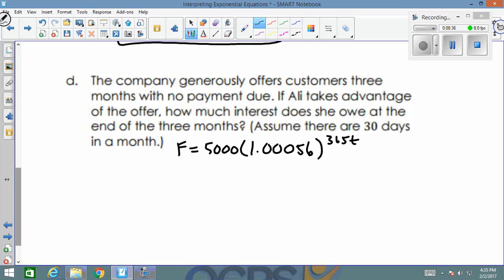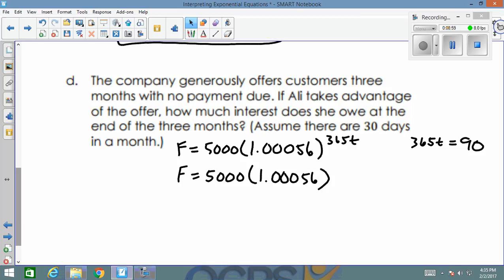Okay. The company offers 3 months with no payments due. Okay, so we need to figure out how much interest is owed after 3 months. We know it's 30 days a month, for 3 months, so 365t is going to become 90. Because it's 30 days a month, that's what it tells us, and we're doing it for 3 months. So this is raised to the 90th power, so we're going to do 1.00056 raised to the 90th.